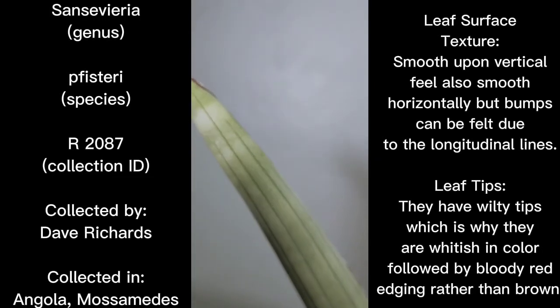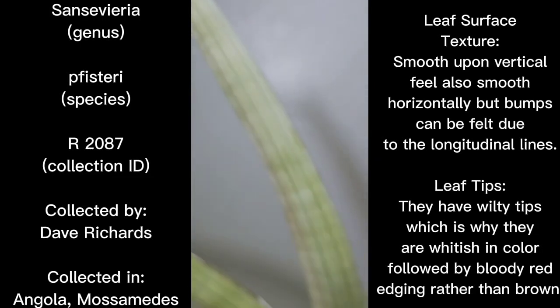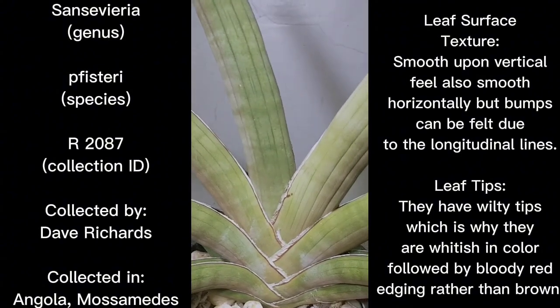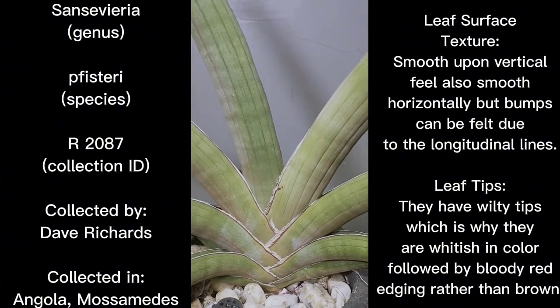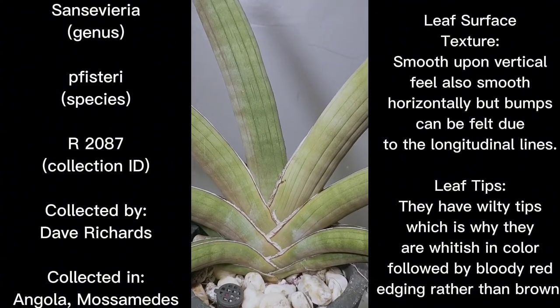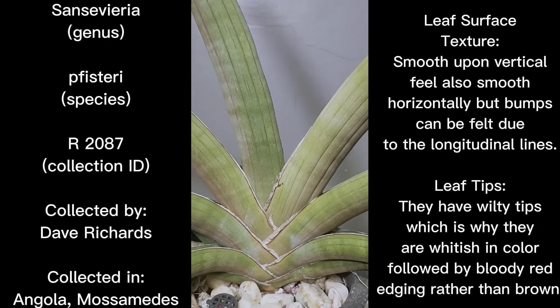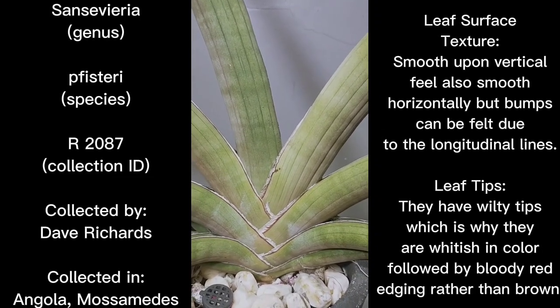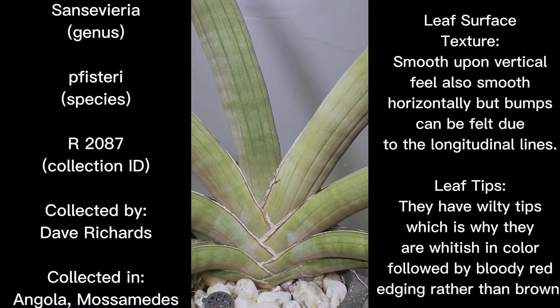Going back, he also stated the inflorescence. Unfortunately, this specimen has no inflorescence or flower bloom because, like I said, some Sansevieria species are not frequent bloomers. They don't bloom or show inflorescence as frequently as other species.